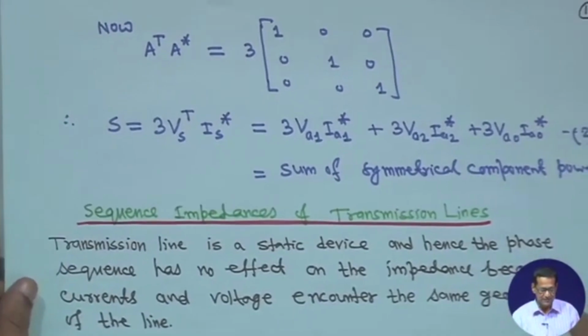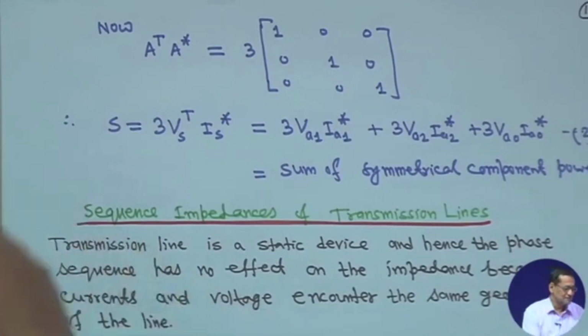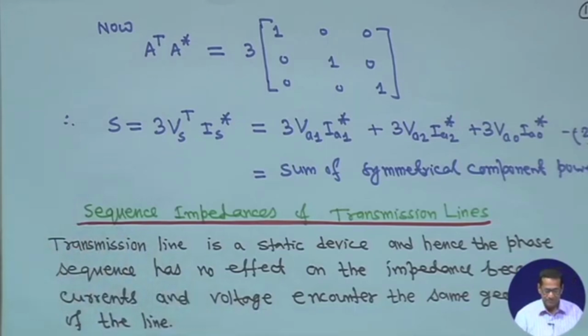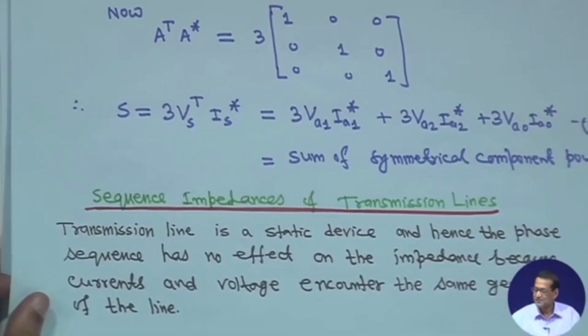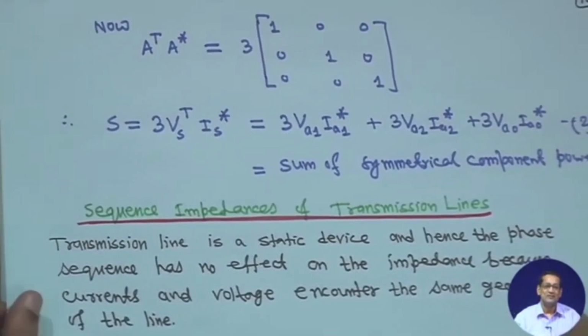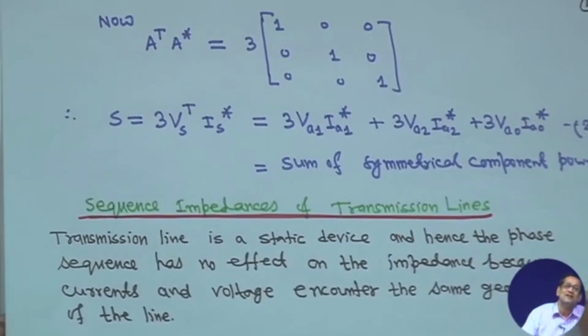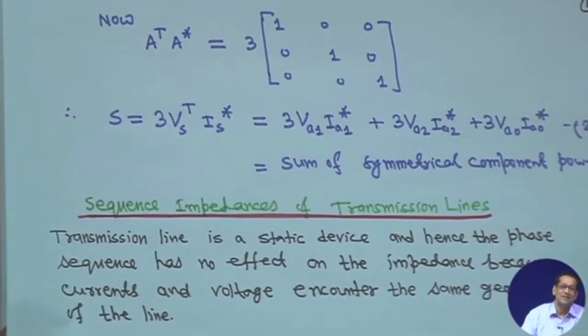Now, sequence impedance of transmission lines. We have to go for the sequence impedance of each component, particularly the transmission line, transformers, then the synchronous machine. So just see how we will make it.